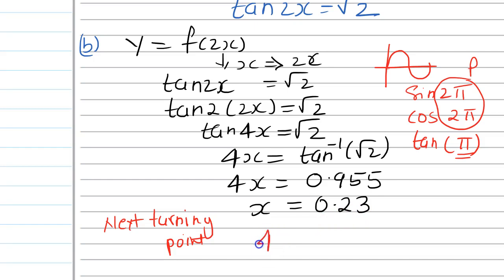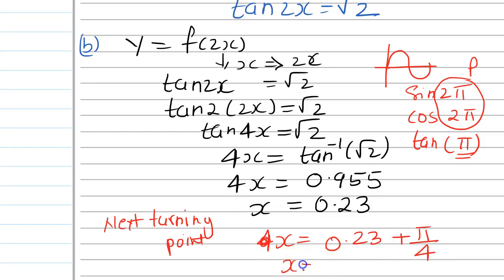So if 4x is 0.23 and we add pi, but here it is x, so we will divide this by 4, so it will be 0.23 plus pi over 4. Because the period is divided by 4, it is pi over 4, so now it is x.